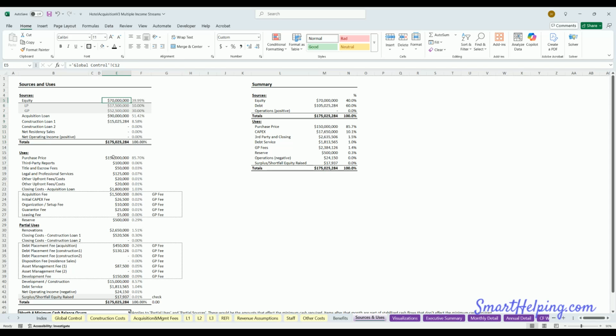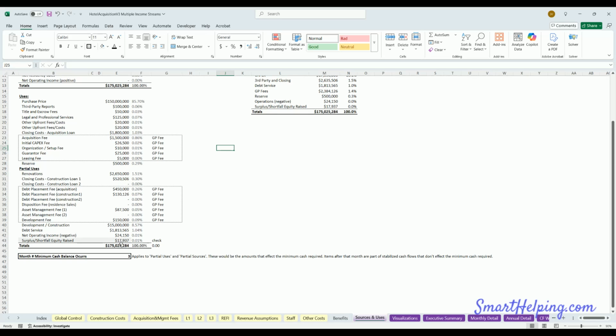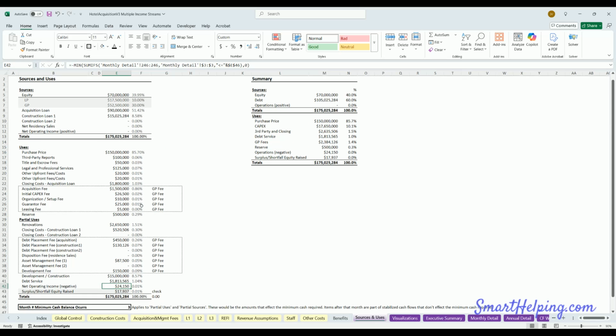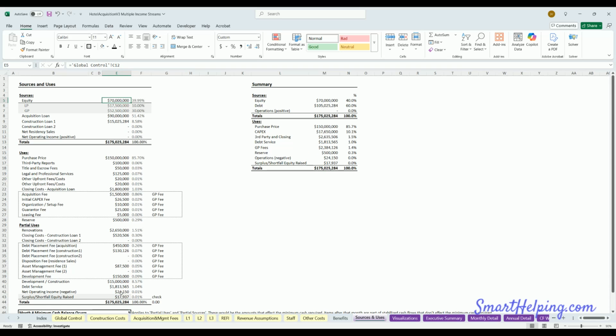Hence, sources and uses. So this all balances and it's all dynamic, and I've tested it quite a bit and it's working perfectly. You can see here we've got use of net operating income negative, meaning that we have 24 million in negative operations that we have to cover, so that's going to affect how much cash we need. We've also got a surplus.